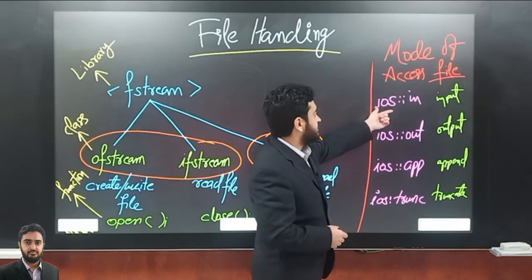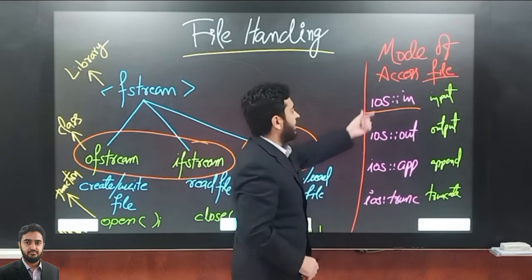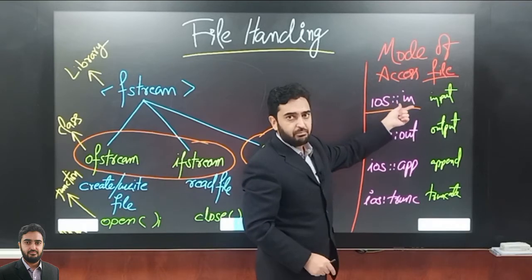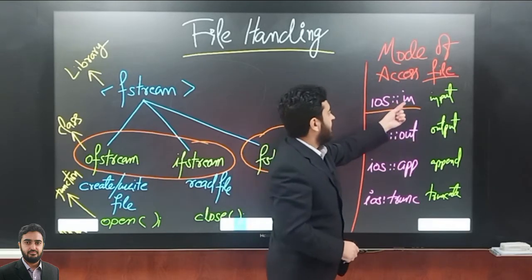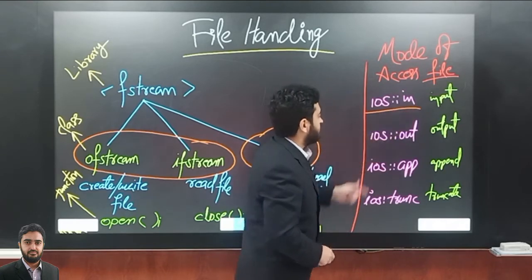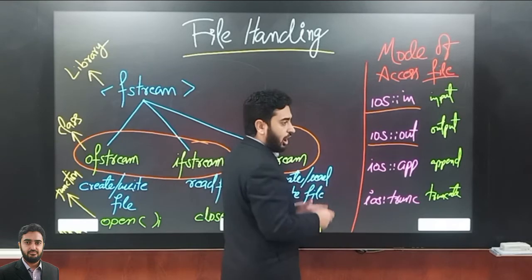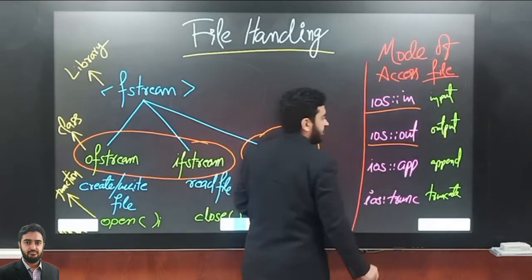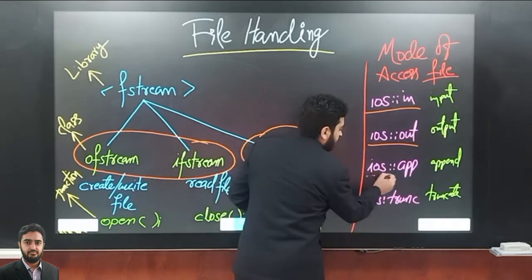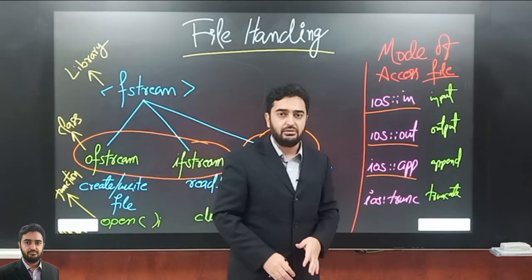This is the syntax: ios scope resolution operator, the double colon, and in, this is used for input. Another one is ios double colon out, this is for the output of the file, and ios double colon app, append.